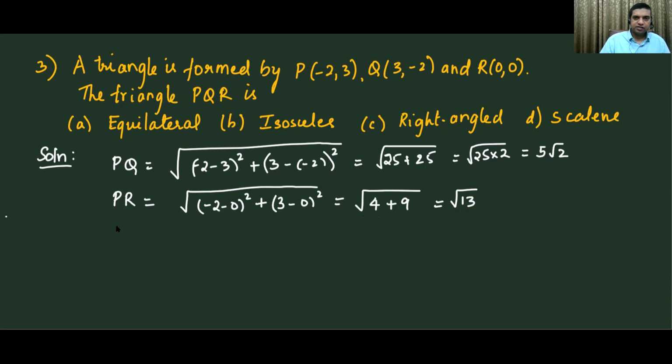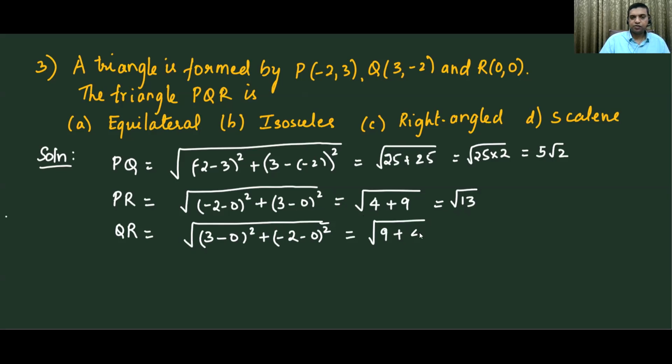Then what is QR? Under root of (3 minus 0) whole square plus (-2 minus 0) whole square. This is under root of 9 plus 4, root 13.